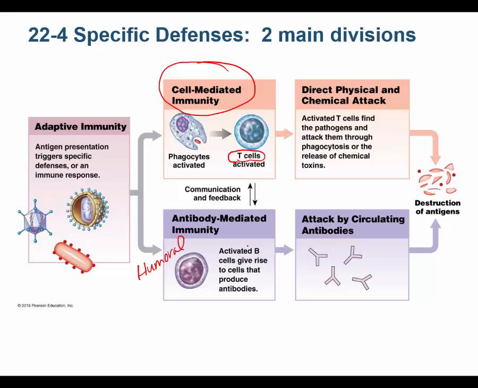By the way, not just our plasma. The antibodies are on our mucous membranes, etc. So we have cell-mediated and humoral immunity, or cell-mediated and antibody-mediated immunity. Two branches of our adaptive immune system.